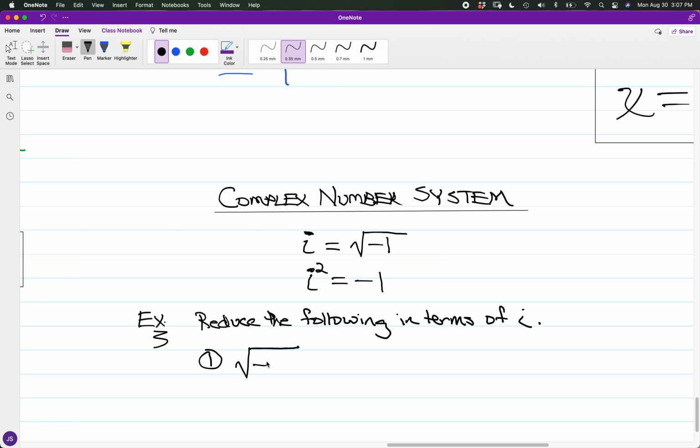If I have, let's say, the square root of -25, so you got something that is a perfect square with 25. Say if I were to separate, you have 25 times -1. We have the square root of 25 times the square root of -1. Now, the square root of 25 is going to be 5. And anytime you see the square root of -1, that's going to become I. So while the square root of 25 is 5, the square root of -25 is going to become 5i.